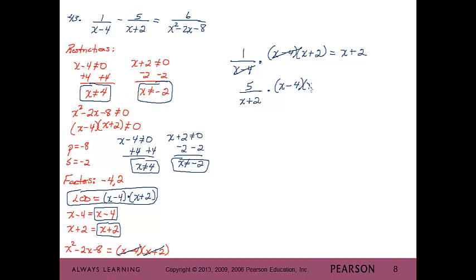The x plus 2's will cancel out, leaving us with 5 times x minus 4. And then for the last one, we have 6 over x squared minus 2x minus 8, and we're going to multiply this by the LCD. Now remember that x squared minus 2x minus 8 is the same as saying x minus 4 times x plus 2. So they all cancel out, leaving us with 6.